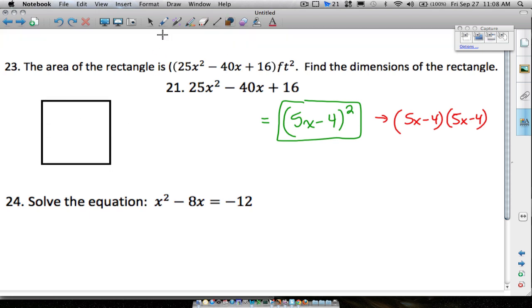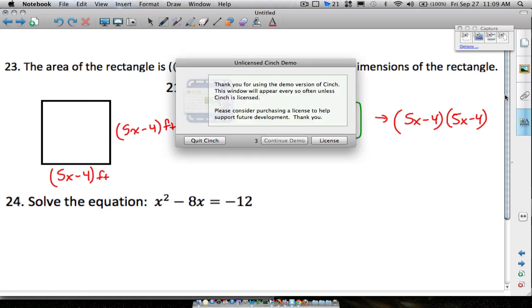So therefore the dimensions will be 5x minus 4 feet by 5x minus 4 feet. Now, if you didn't pick up the idea that these two were the same and you didn't say, hey, it's a square, it's okay. The dimensions are 5x minus 4 feet by 5x minus 4 feet. So that's what we want to do for that one.